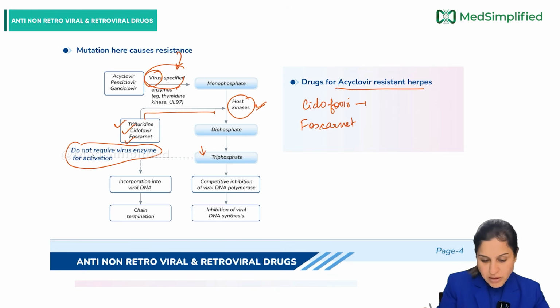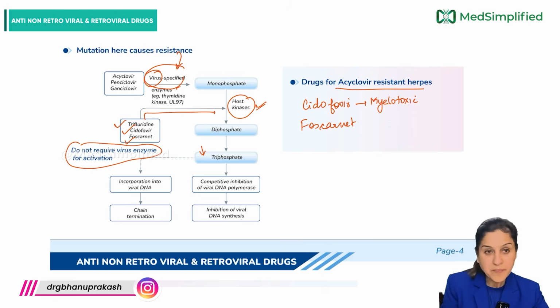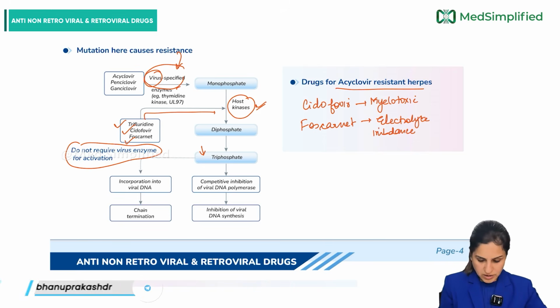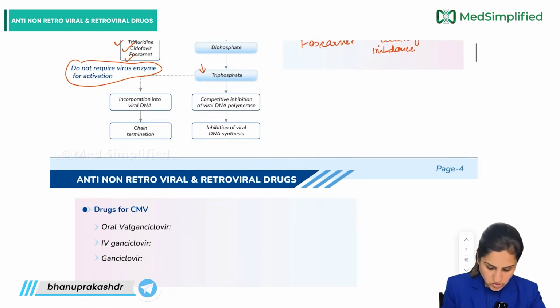What else should you know about cidofovir? It's a myelotoxic drug. And foscarnet can also cause electrolyte imbalance. So these are the two important things you should know about these drugs.